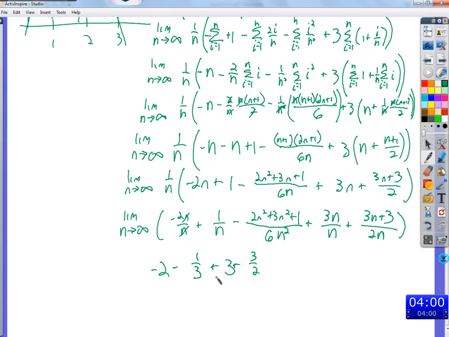So we have a common denominator of 6, so this is negative 12/6 minus 2/6, and plus 18/6, my mistake, plus 9/6. Okay, so negative 12/6 minus 2/6, negative 14/6, plus 18/6 is 4/6, plus 9/6 is 13/6.